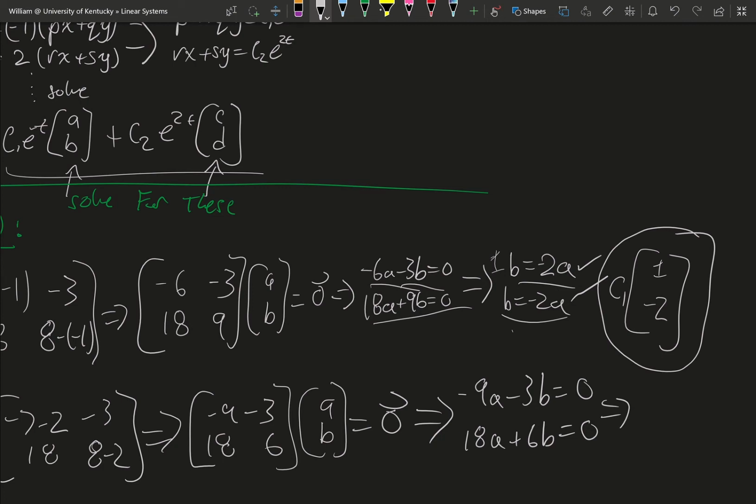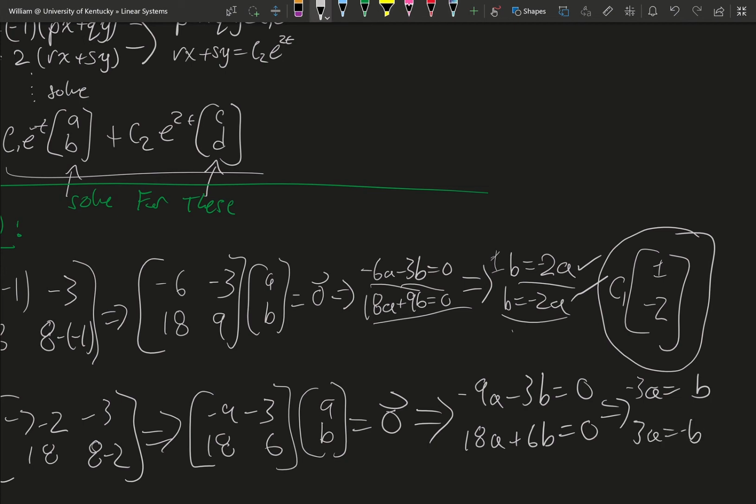We should get something like -a equals 3b. And, I'm sorry, I have those reversed. -3a equals b, and 3a equals -b.